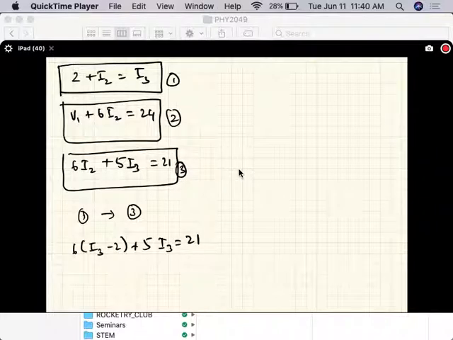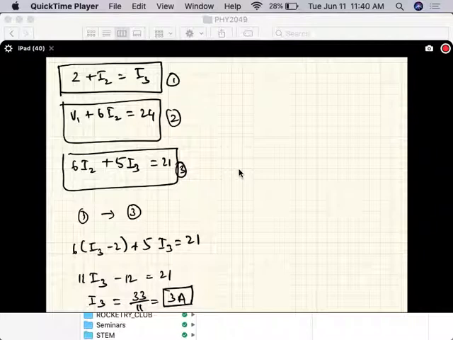So 11 I3 minus 12 equal to 21. I3 is 33 divided by 11, equal to 3 amps. So there is I3. And from equation 1, I3 is I2 plus 2, so that tells us I2 is 1 amp.